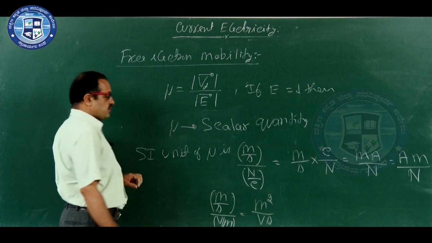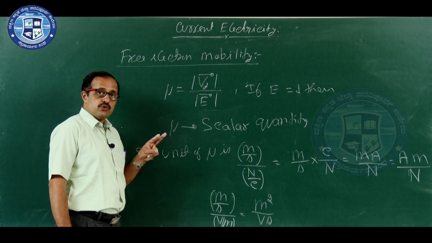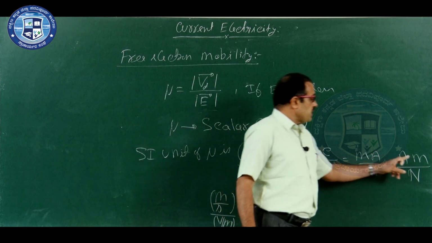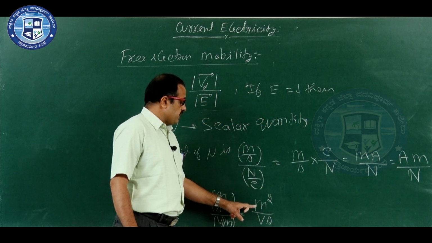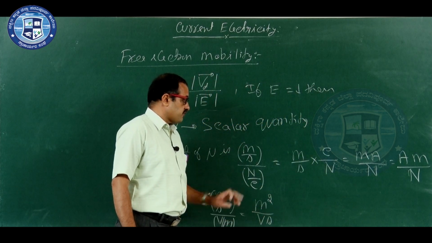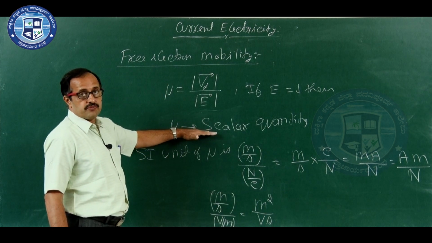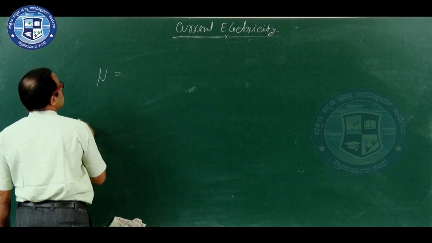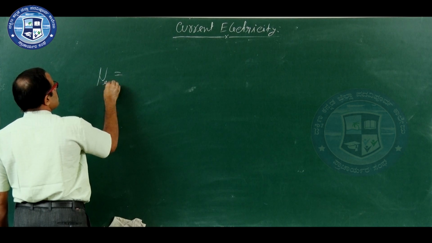This is another unit. Therefore, free electron mobility has two units. One is ampere meter divided by Newton, and one more is meter square divided by volt second, and it is which quantity? Scalar quantity.